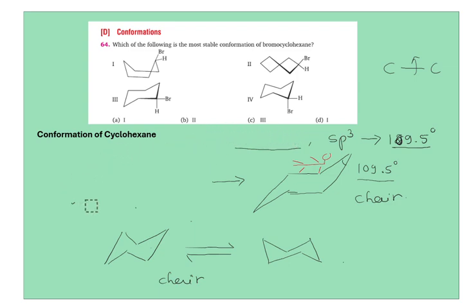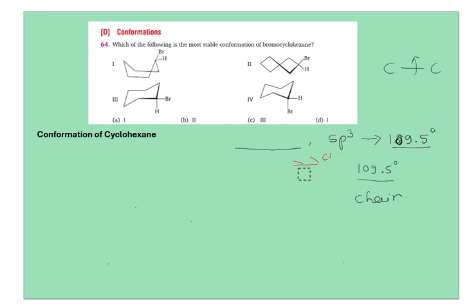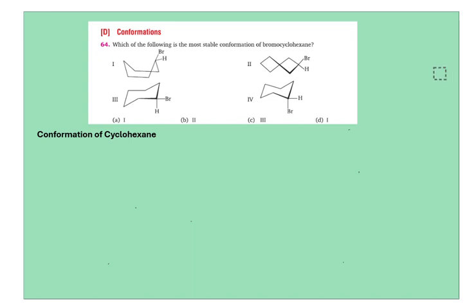How do you convert them? Since you are preparing for competitive exams like NEET or IIT, you should know how these structures are interconvertible and what is their energy and how it is related to their stability. Only then you can answer questions like given here.